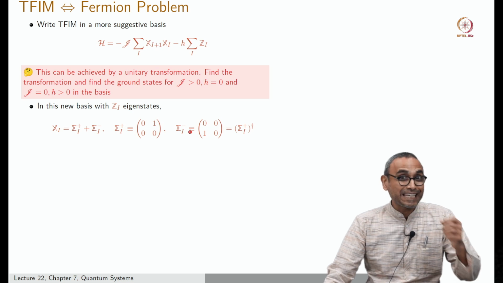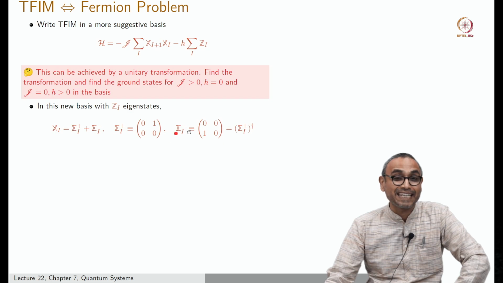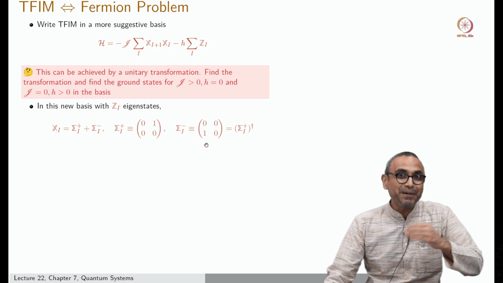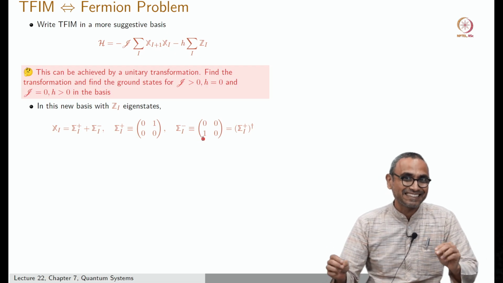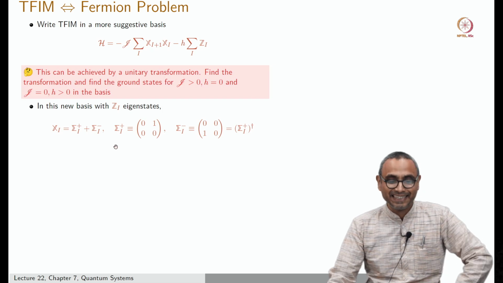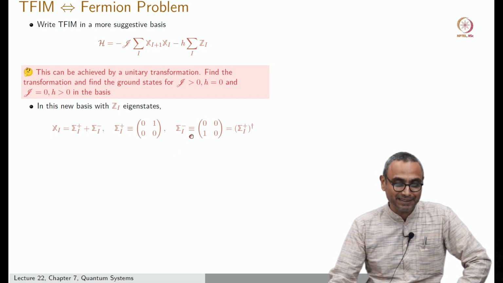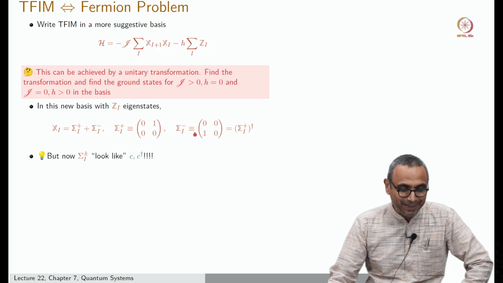So suddenly you realize maybe this looks like C and this looks like C dagger. Maybe we should try to connect up these guys. Maybe we should think of sigma plus as C and sigma minus as C dagger. But how will the states map?